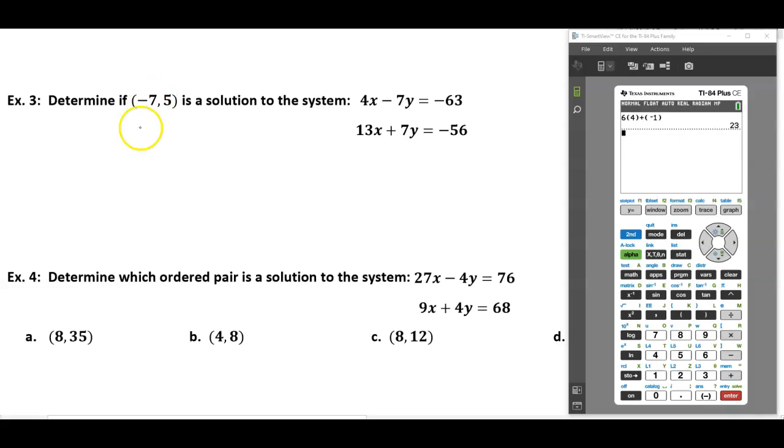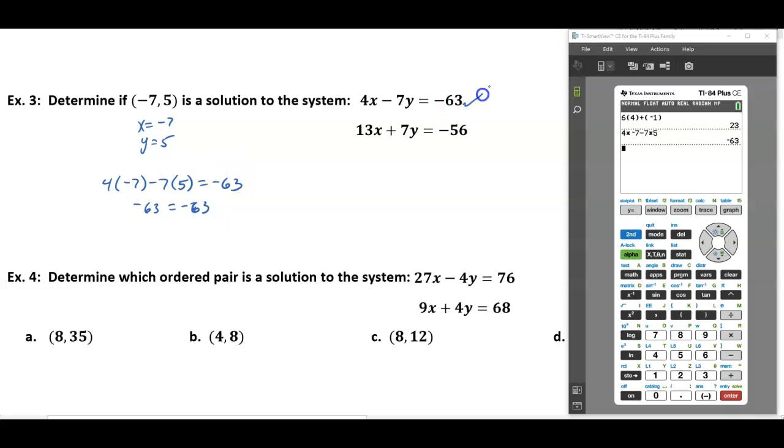Now, in this ordered pair, x is negative 7, y is 5. So I'm going to plug that in. So 4 times negative 7 minus 7 times 5, will that equal negative 63? Well, I'll go to my calculator. 4 times negative 7 minus 7 times 5 equals negative 63.